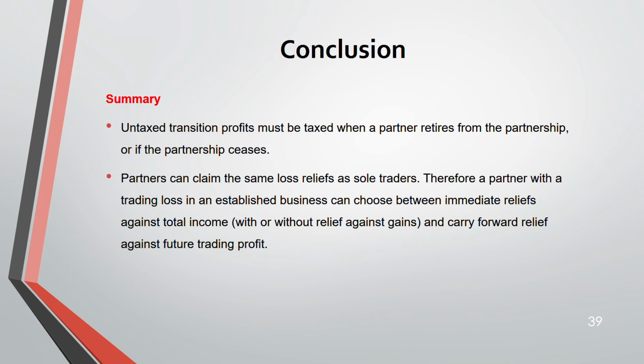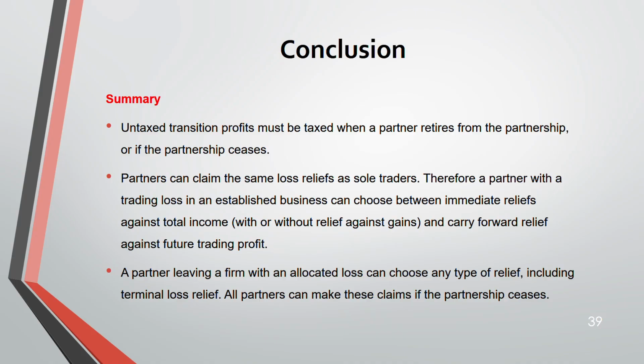Then partners can claim loss relief in the same way as a sole trader. If a partner is leaving with a loss, they can choose any type of relief, including terminal loss relief. And where the partnership ceases, all the partners can make that claim.